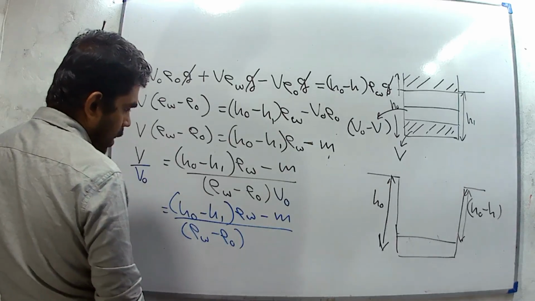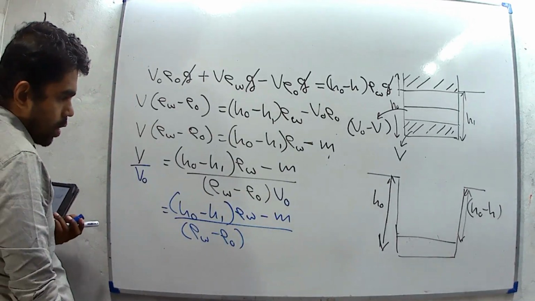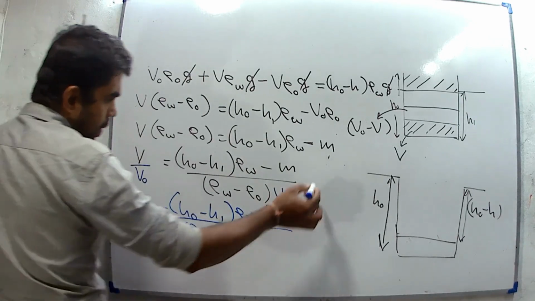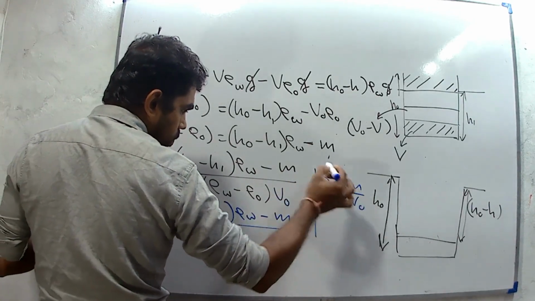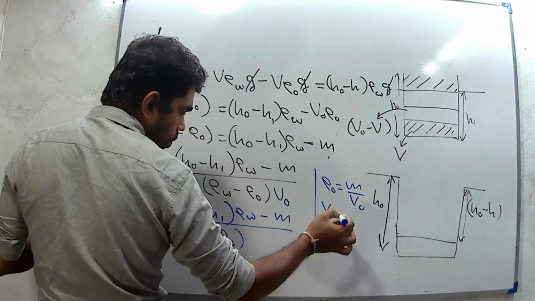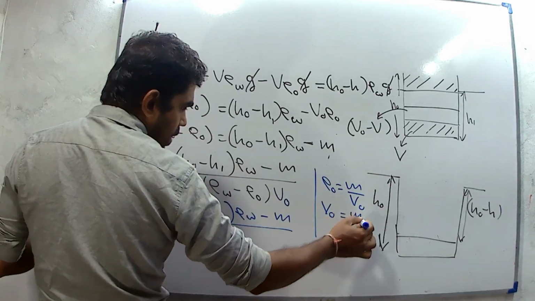Then density rho naught equals mass divided by volume, so volume is mass divided by density.